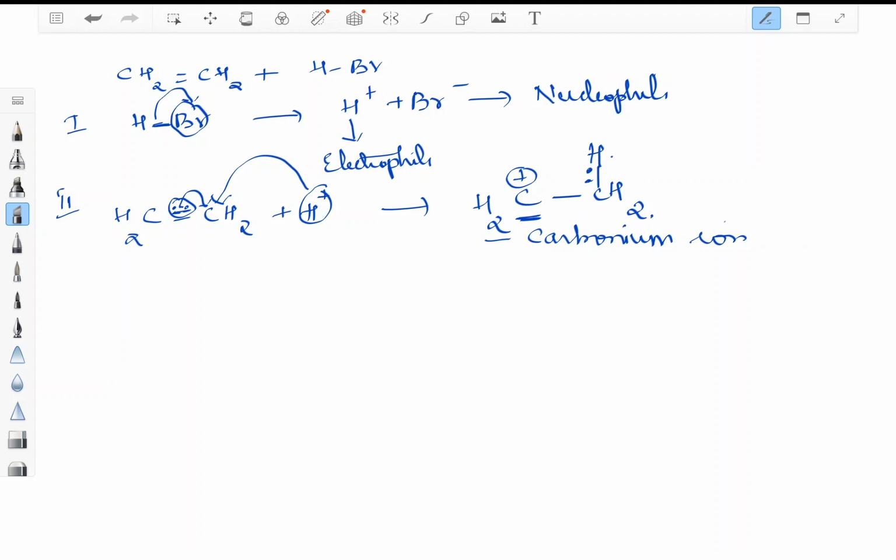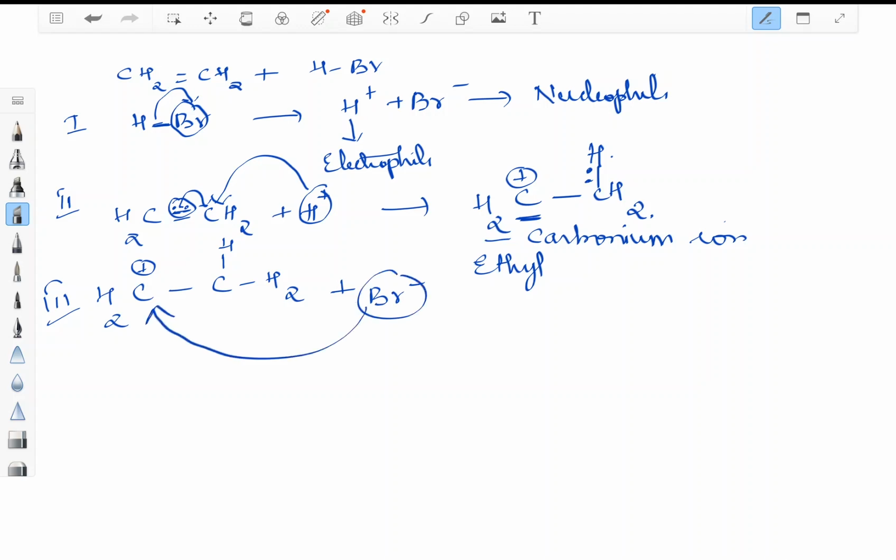It is ethyl, so it is called the ethyl carbonium ion, that is CH2 with a positive charge and CH3. It reacts, in the third step, with Br minus, the bromide ion, and this bromide ion will attack this carbon because it has a positive charge, and here we are going to get CH3CH2Br, ethyl bromide. So this is the mechanism.